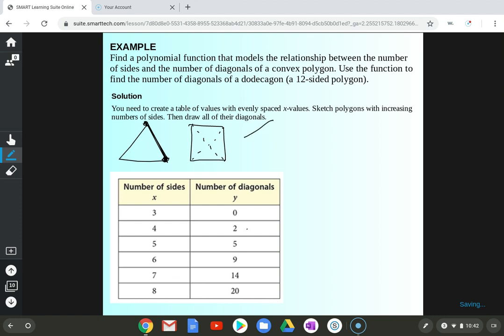If we have a pentagon, 1, 2, 3, 4, 5. Diagonals are just connecting all the vertices to all the other vertices if you're not traveling along a side or an edge. All right, and if we were to keep going, we could do a hexagon.